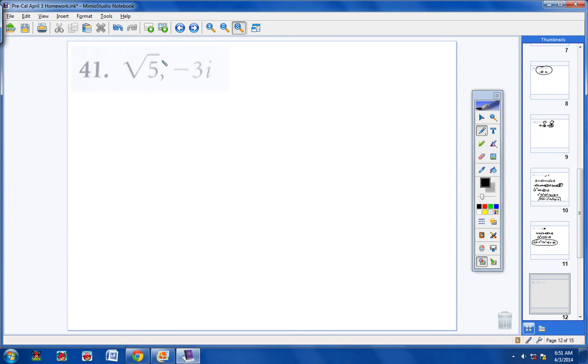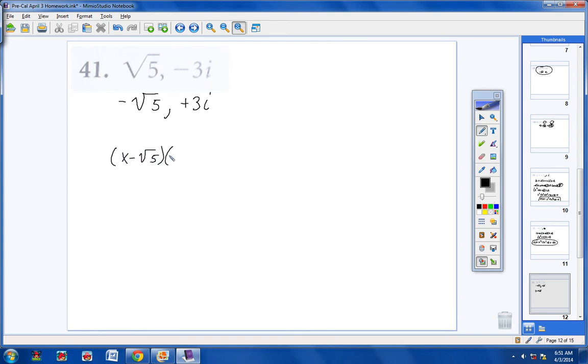Now, we know if this irrational zero exists, then also its conjugate exists. We know if negative 3i exists, its conjugate also exists. So we have 4 zeros to deal with here, okay? So in my first parentheses, I'm going to put x minus the square root of 5.